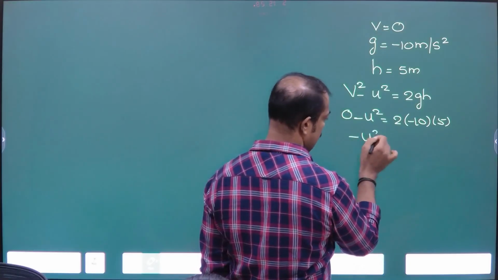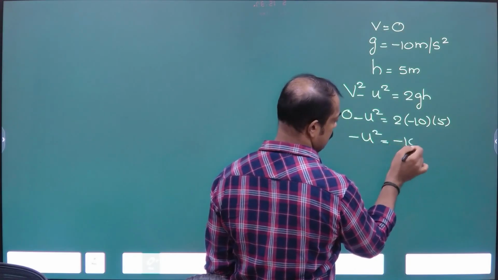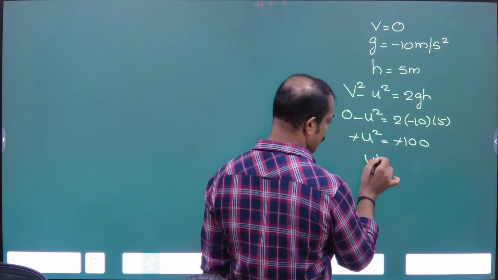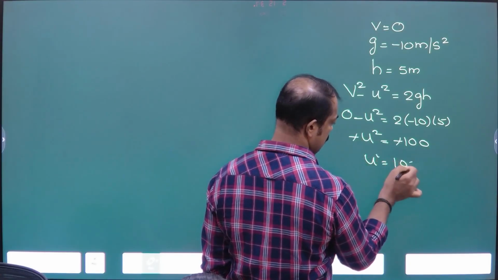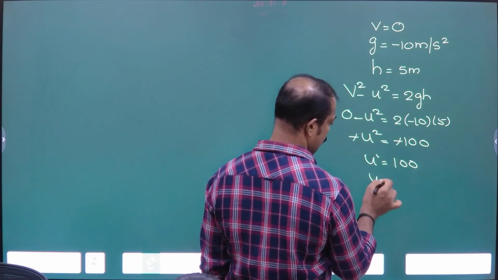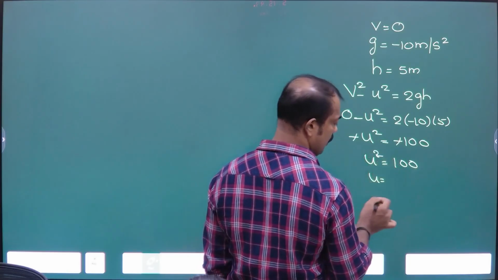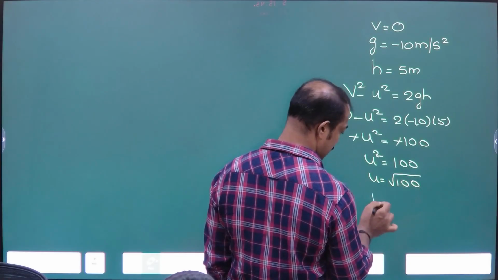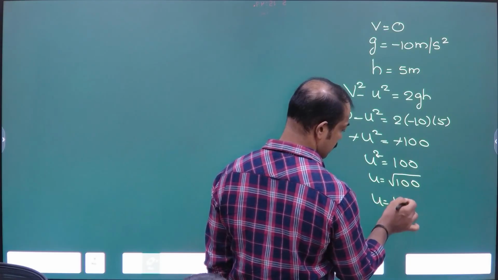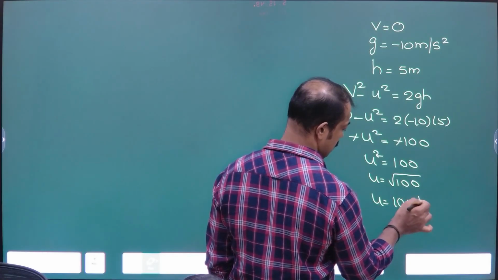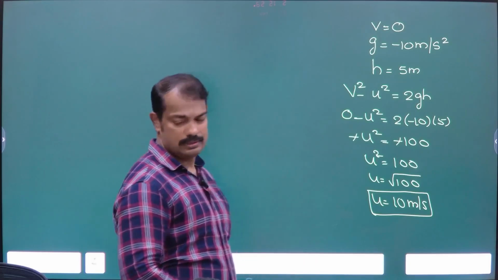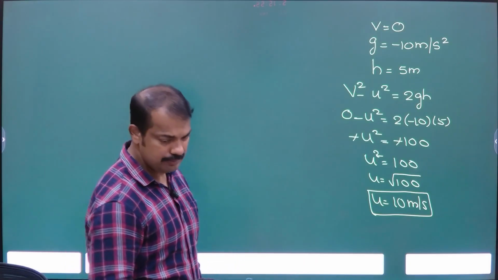Minus U square is equal to minus 100, U square equal to 100. What is U? Under root 100, meter per second. So U is 10 meter per second.